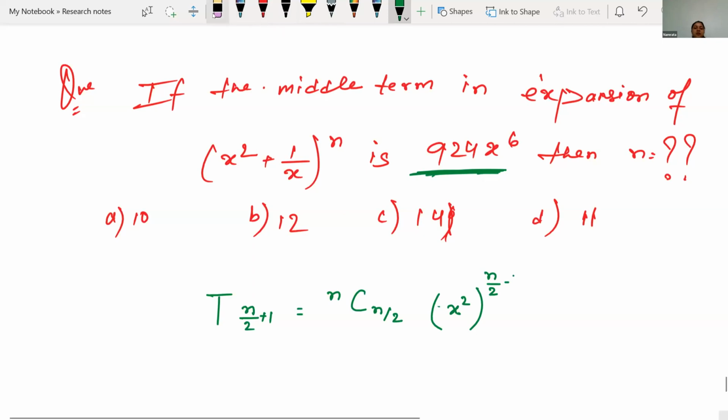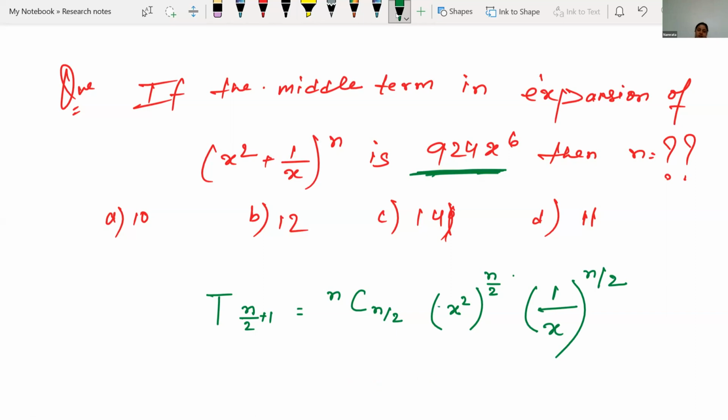Okay, n minus n by 2 is only n by 2, right? So we can also write it directly. And what else? 1 by x to the power n by 2. This is what we will be getting from here as a middle term, right?